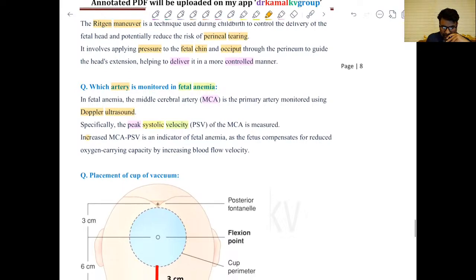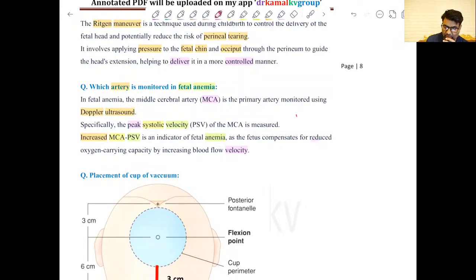So if there is increased middle cerebral artery peak systolic velocity, that is an indicator of fetal anemia. Why? Because the fetus compensates for reduced oxygen carrying capacity by increasing the fetal blood flow velocity, right?